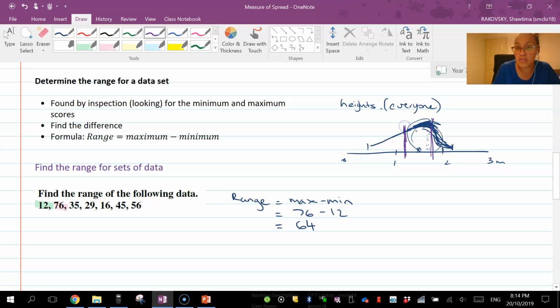And then if you have even smaller again and so forth, you might see that those people are all the same age or something. And a really good one is generally when you do levels of achievement. So if we looked at an extension class, you'll find that the range of scores would be a lot smaller, and therefore the group is more similar than if you did a range of scores across the whole of year 7.